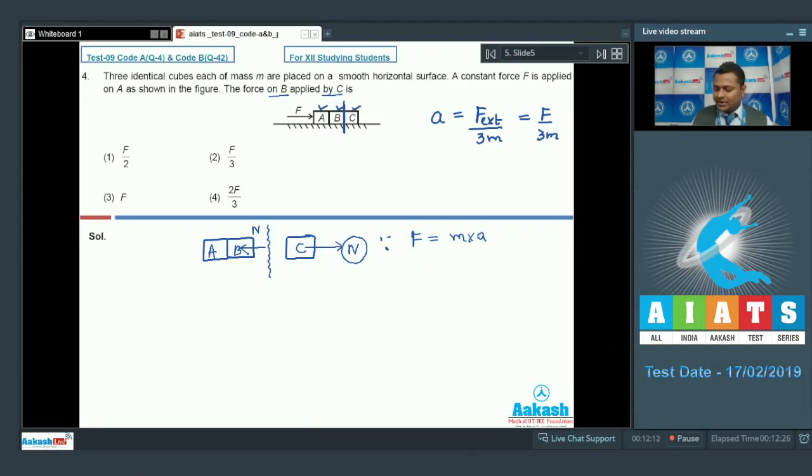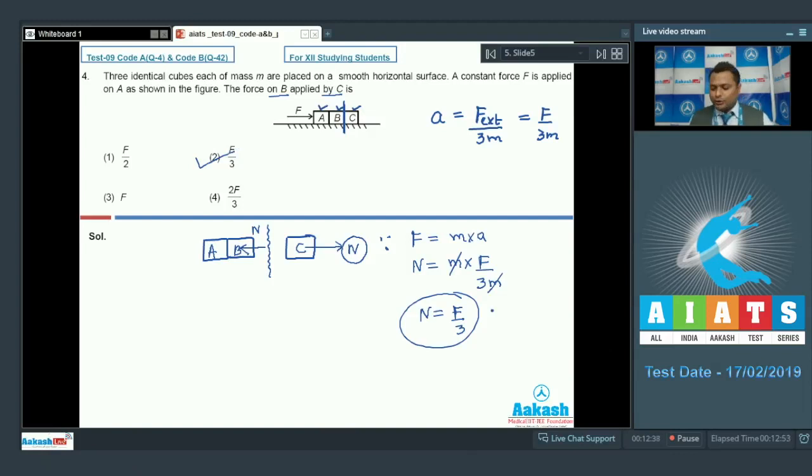We know that the net force acting on block C is equal to N, multiplied by mass of block C into acceleration, that is F by thrice M. M cancels, so ultimately normal reaction is F by 3, and that is the force exerted by block C on block B. So we will go with option number 2, which is correct and matching with our answer.